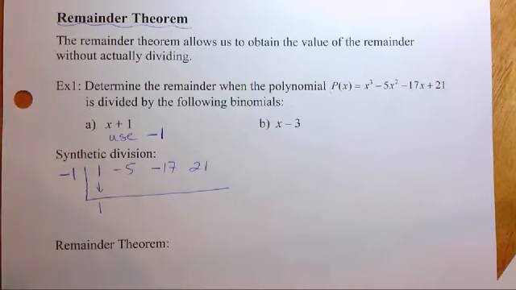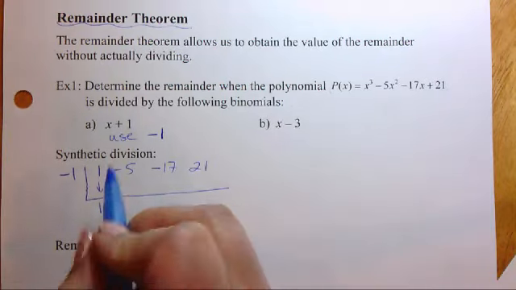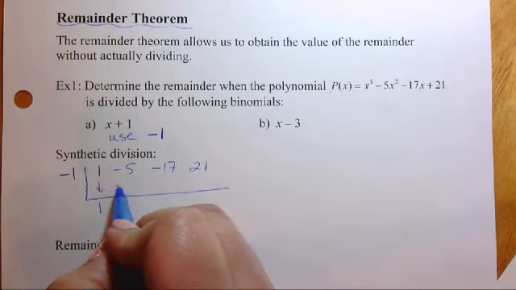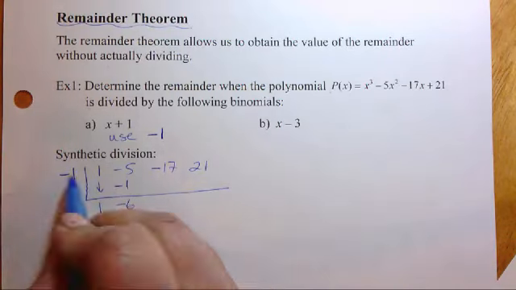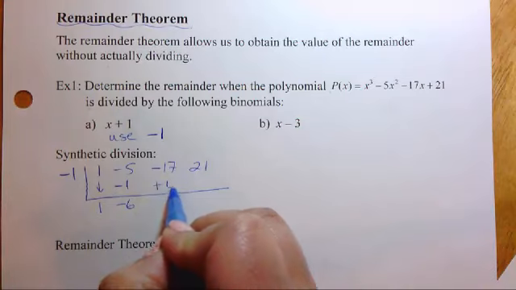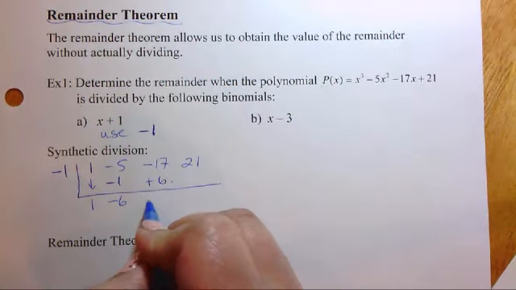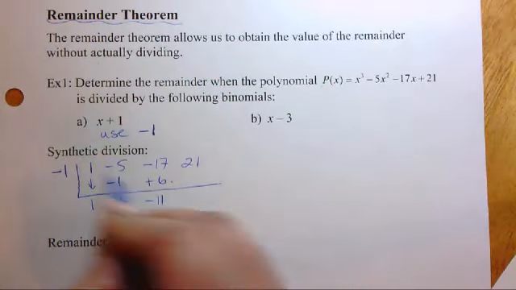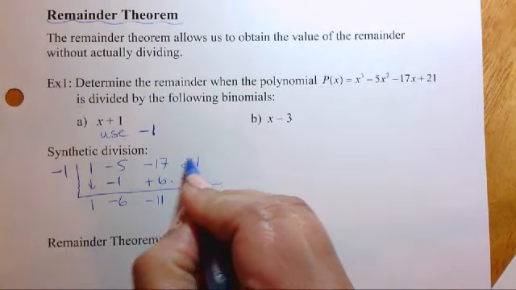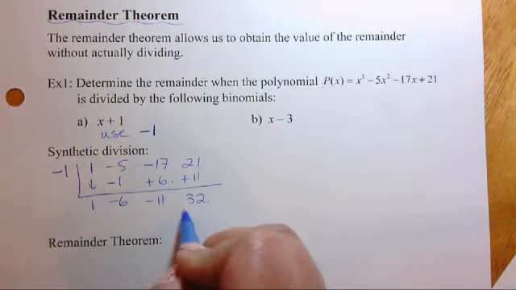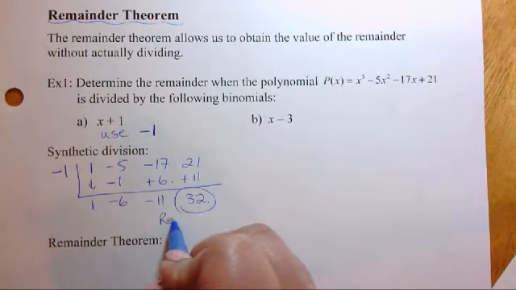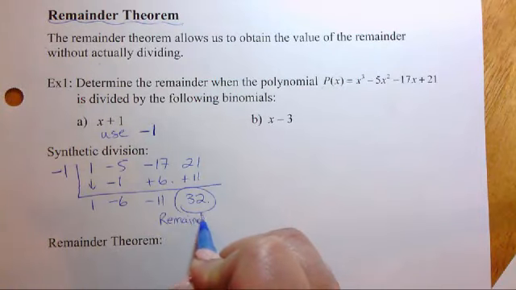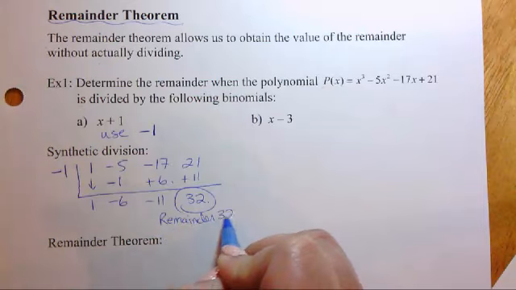Okay, so now that you have given this an attempt, hopefully, I'll just quickly run through this here. This times this, 6, add these two going down, -11. This times this, +11, add these two, 32. So right here, this implies that my remainder is 32.